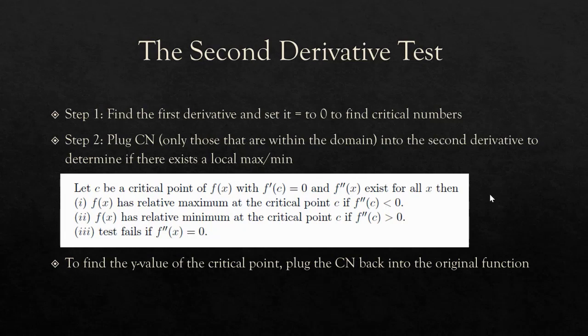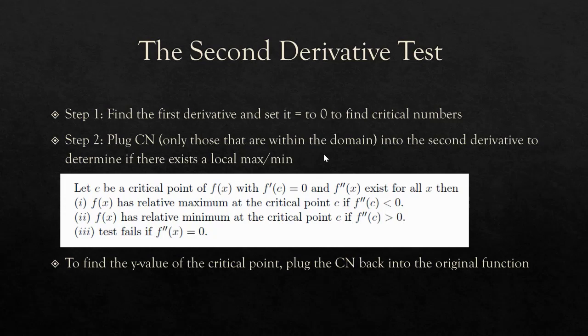So step 2 would be to plug your critical number into the second derivative. If it is positive, then there's a relative minimum at that critical point, and if it's negative, then there's a relative maximum, and the test fails if it's equal to 0.